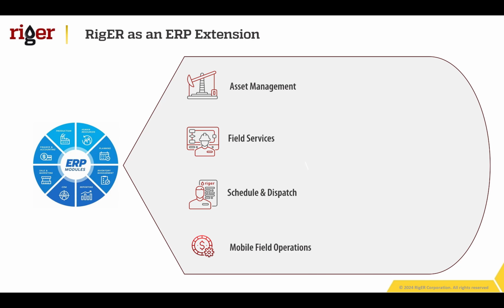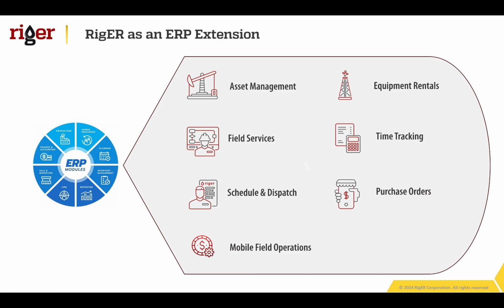Mobile field operations require offline and online modes, and equipment rentals, especially in the oil field, for example downhole tools, could be very complex. Time tracking and purchase orders are another big one, and quality management. From time to time, we see that quality corrective actions become a part of RigER operations.